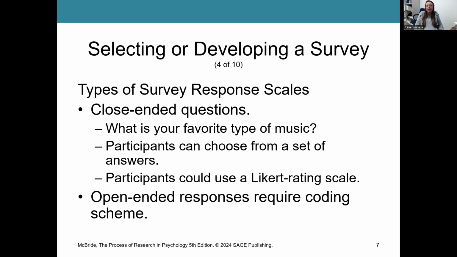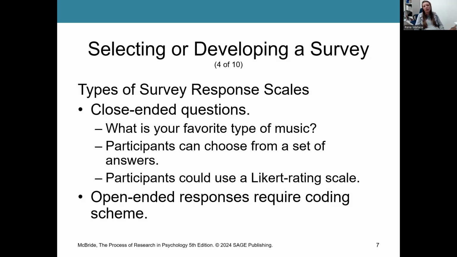Closed-ended questions are what we just talked about, right? Where they have to choose. There's a list of answers and they have to choose. Or it could be the Likert scales, right? On a scale of 1 to 5, 1 is strongly disagree, 5 is strongly agree, and then the other numbers are in between. There's only 5 options, right?